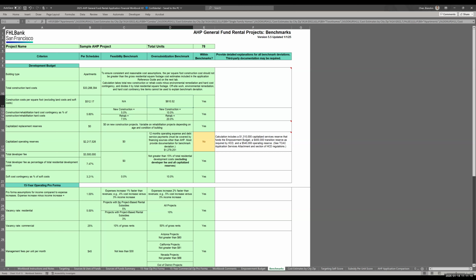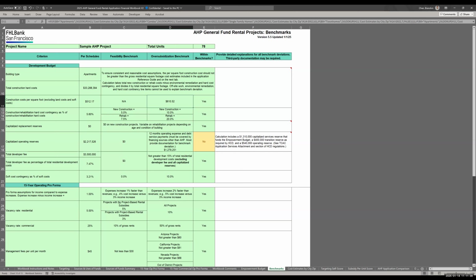The operating cost per unit per year benchmark limit is also variable based on the location. In the San Francisco Bay Area, SF Bay Area, and Los Angeles metro area, LA Metro, the limit is between $5,000 and $10,000 per unit per year. SF Bay Area includes the following 9 counties: San Francisco, Solano, Alameda, Napa, Sonoma, Marin, Contra Costa, San Mateo, and Santa Clara.